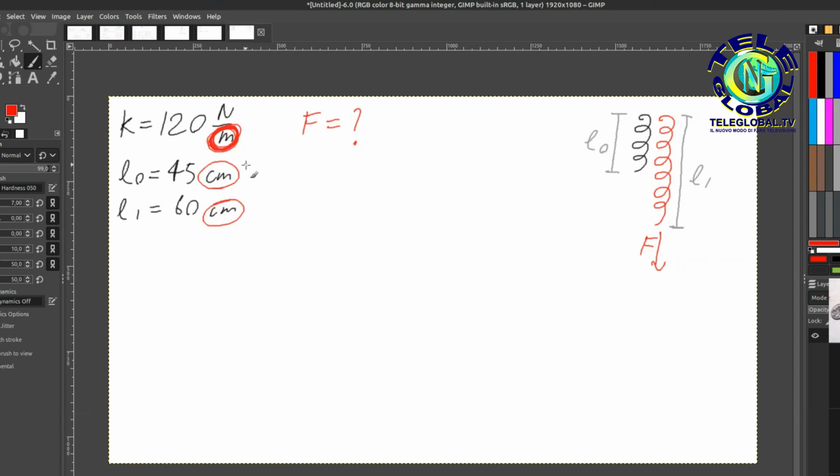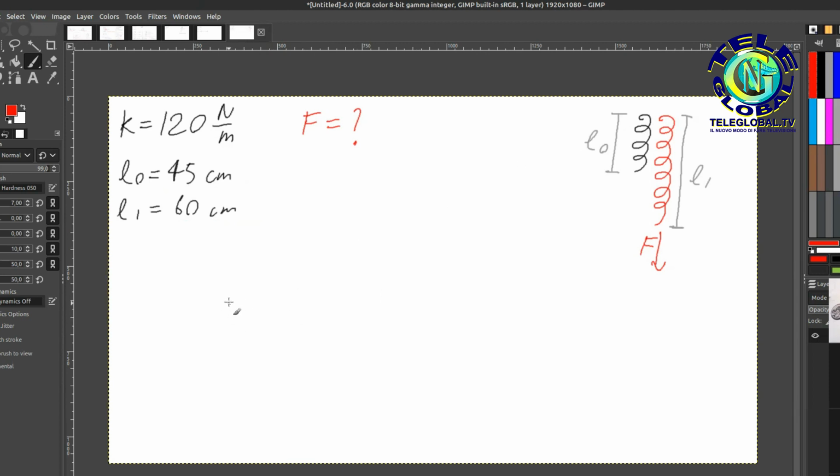So it's very, very important that you convert your length to meters. In general, always make sure that you have everything in the base units.